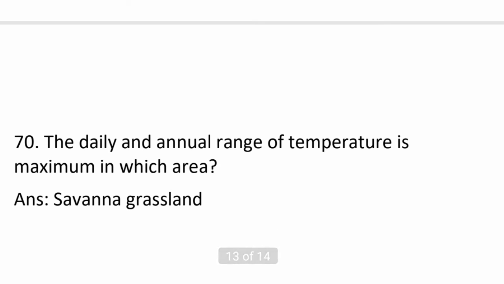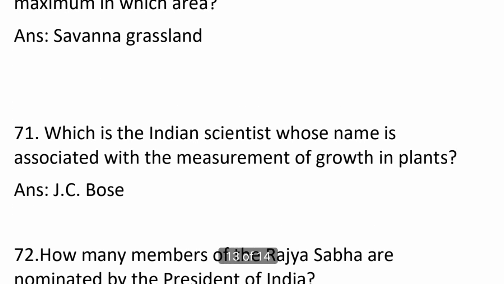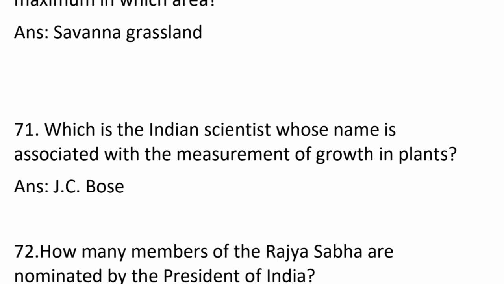The daily and annual range of temperature is maximum in which area? Savanna grassland. Which Indian scientist's name is associated with the measurement of growth in plants? J.C. Bose.